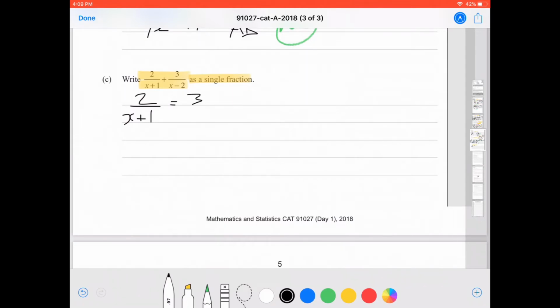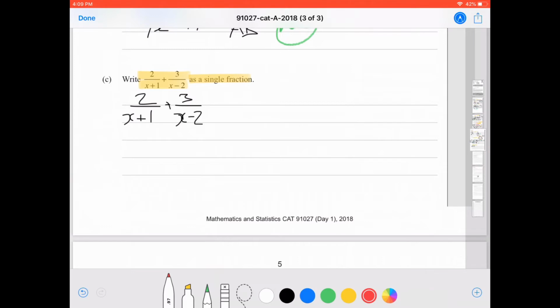So that's 2 over x plus 1 plus 3 over x minus 2. And we want to combine these two fractions into a single fraction. I think the easiest way is simply to cross multiply.